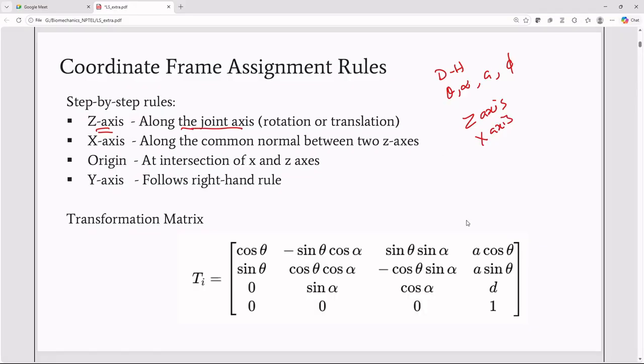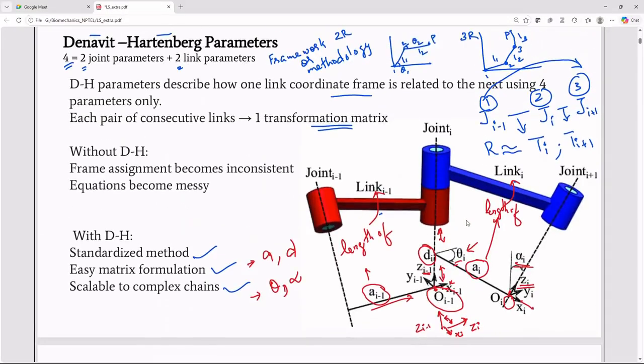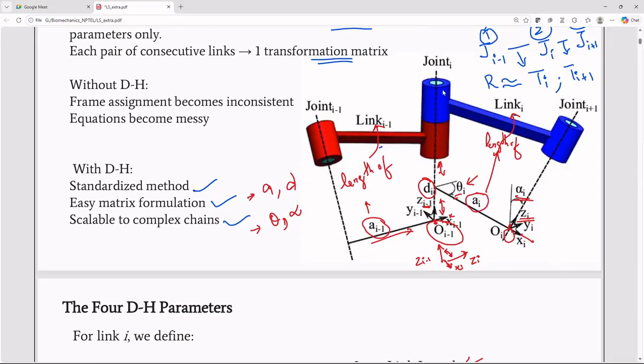Suppose here you can see this joint i rotates about this axis. This is the connection of two links, connected by a pin joint. In what direction will this rotation joint rotate? It will rotate about this particular axis, so that axis is fixed as the z axis.